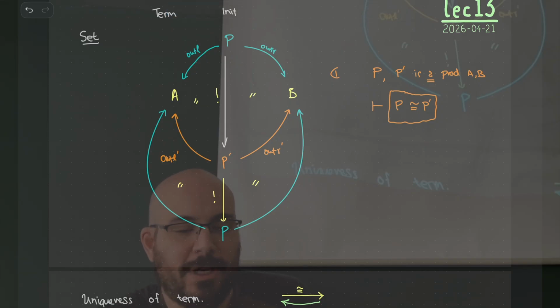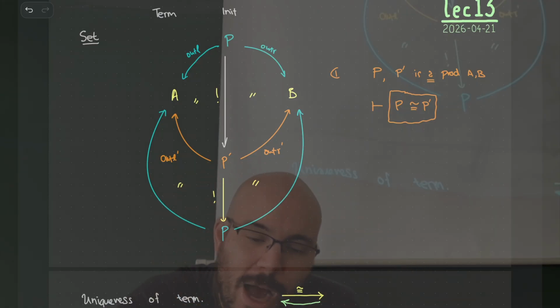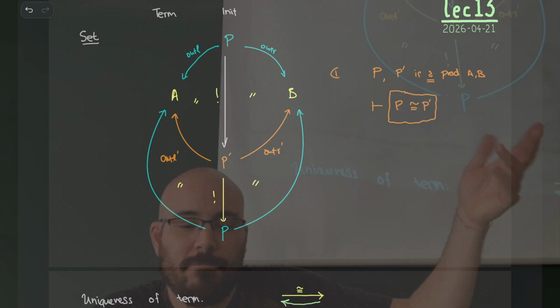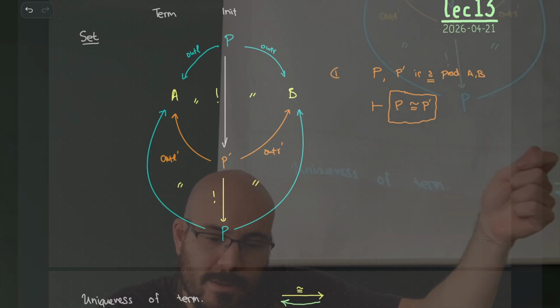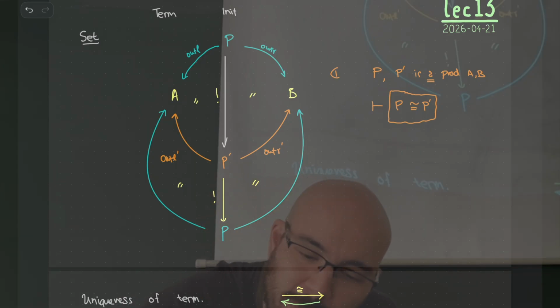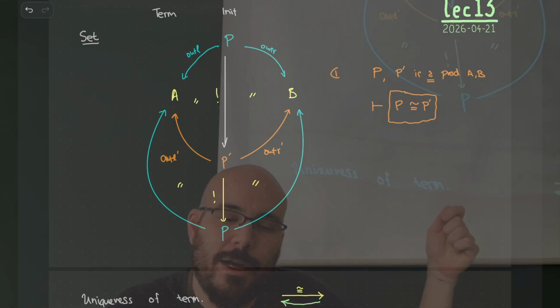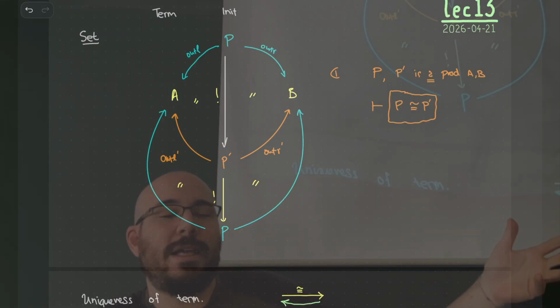Okay. Am I done? I'm at the same stage I was in the previous exercise. I want to guarantee that this composition is unique, that makes these things commute. And if I spell out everything that I need to spell out, I will get this as well, and I will not be done yet.